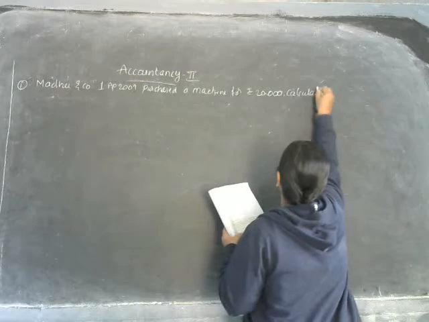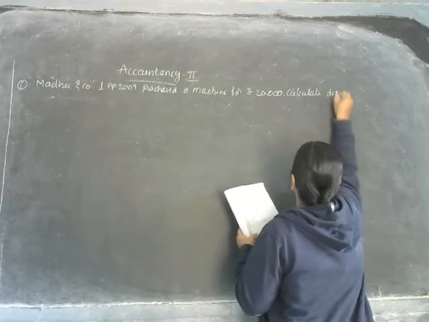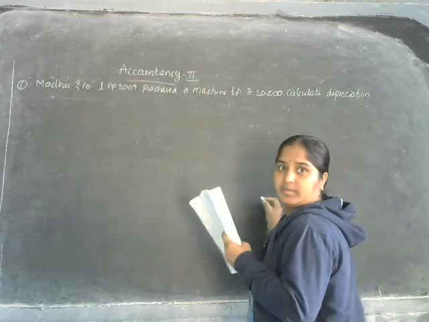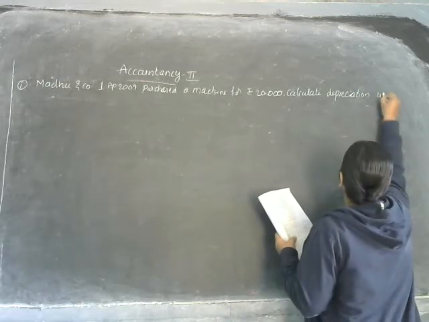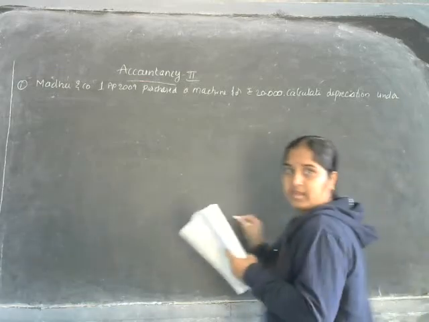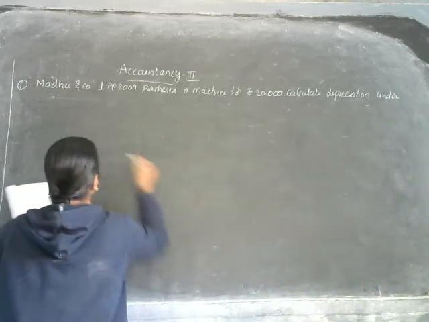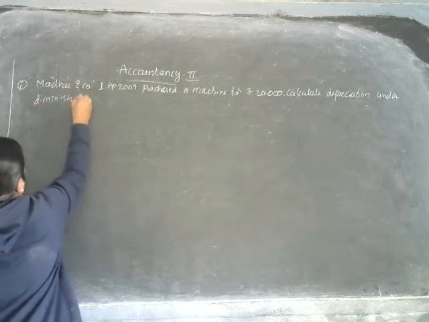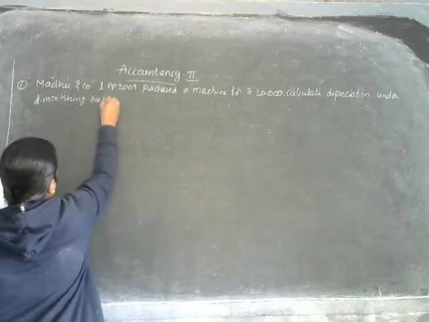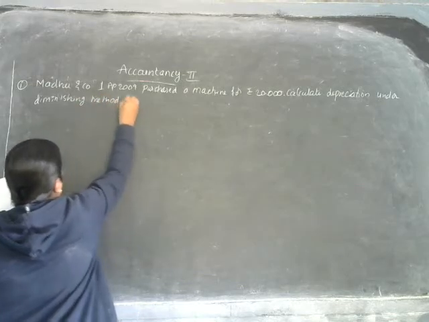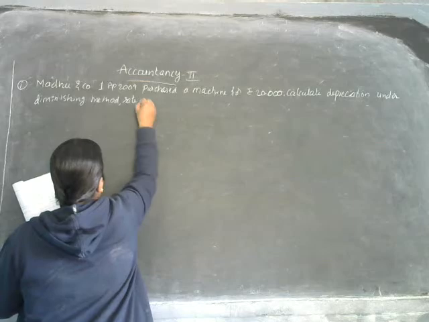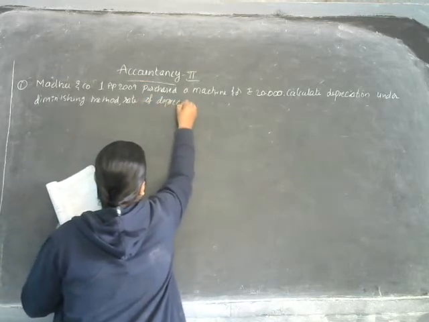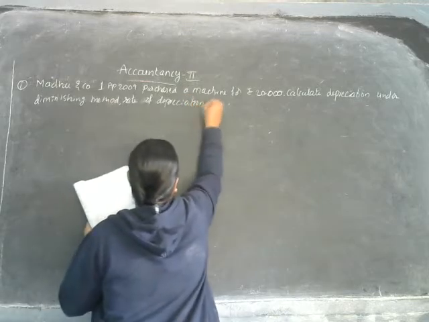Calculate depreciation under diminishing balance method. Rate of depreciation 10%.